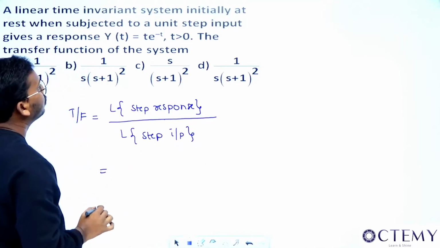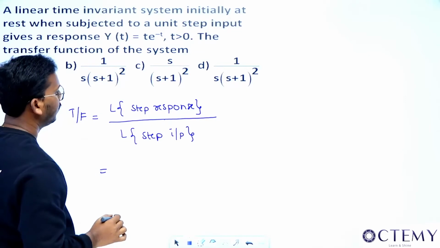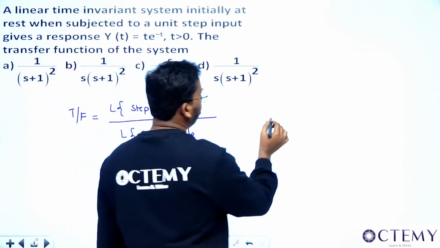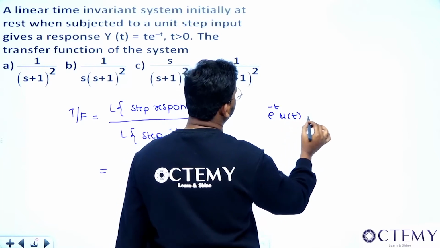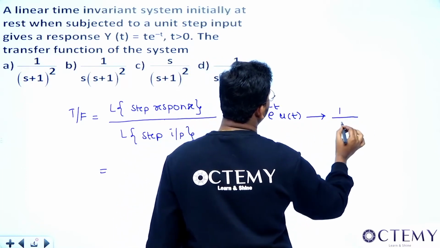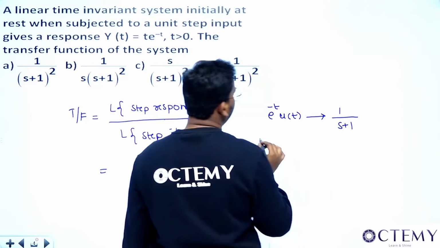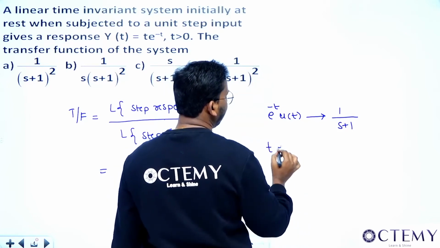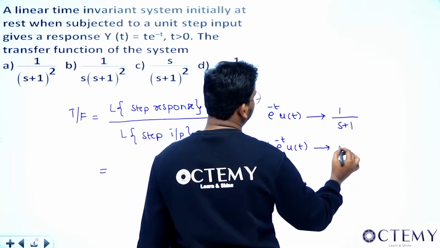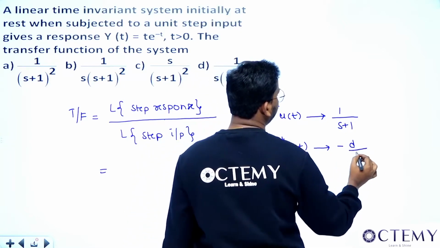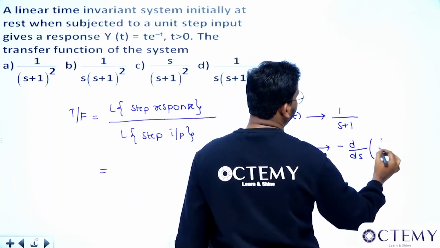So Laplace of t into e power minus t. What is e power minus t u(t)? For t greater than 0 means u(t). What is the Laplace of this? That will become 1 by (s plus 1). Right? Now when you do multiplication with t, e power minus t u(t), you'll have to do what, sir? Minus of, differentiate this, d by ds of 1 by (s plus 1).